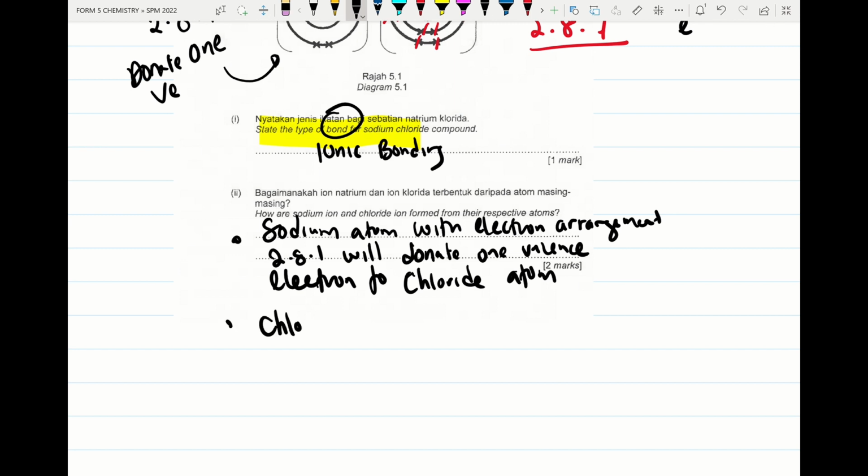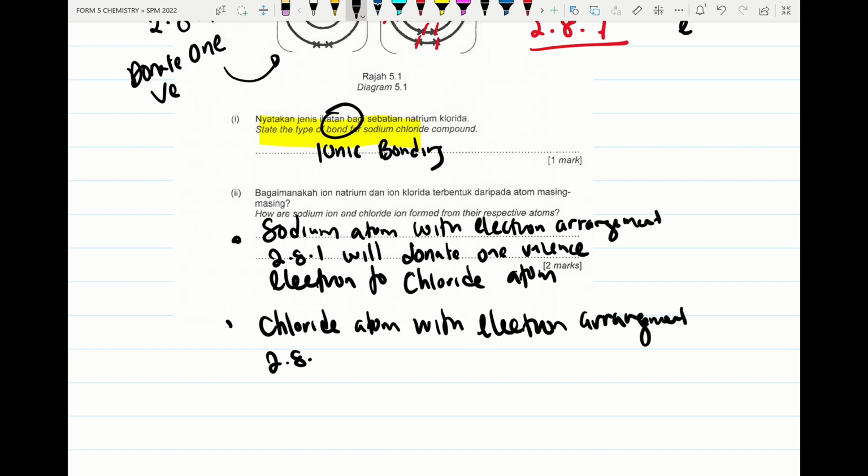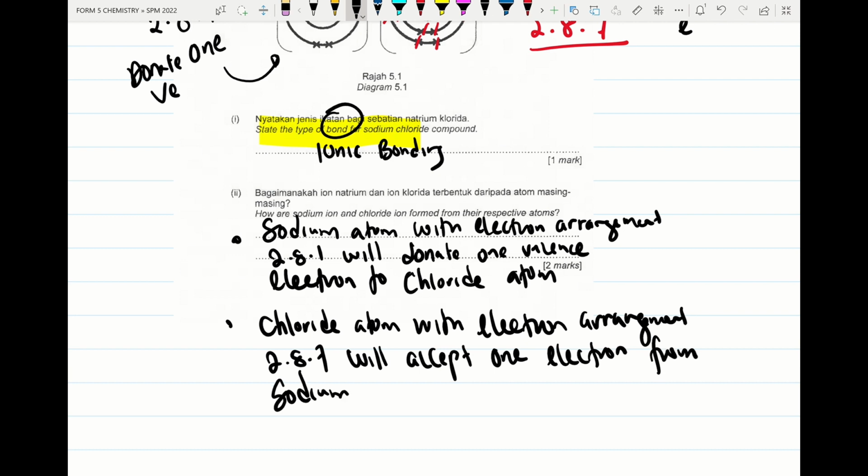Next point, chlorine atom with electron arrangement 2.8.7 will accept one electron from the sodium atom. So that's how we answer this question.